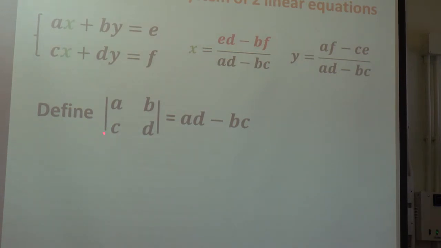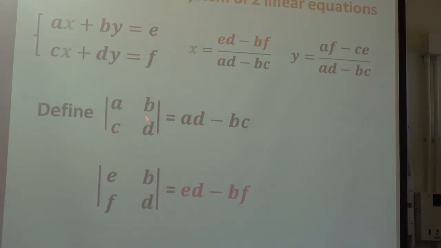Since we define the going-down arrow to be positive and the going-up arrow to be negative, we are trying to make EF here, because this answer comes from the solution of x. That's why we use E and F to replace the original coefficients A and C in that way, and that makes our ED minus BF, according to my definition of these little 2 by 2 determinants.